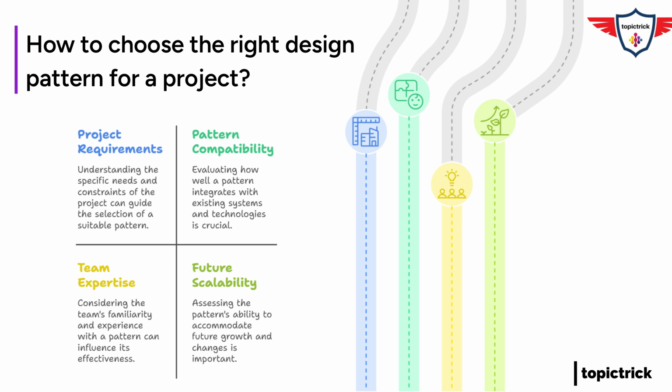But if being easy to maintain and easy to develop are more important, then maybe layered architecture or MVC might be better. Exactly. It's all about finding that perfect fit and realizing that every choice has trade-offs, right? There's no perfect pattern. It's about understanding which compromises work best for your goals.